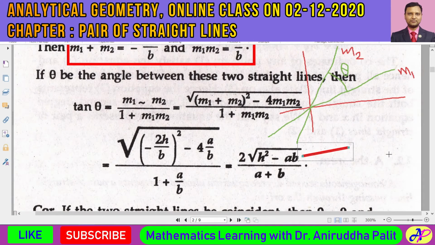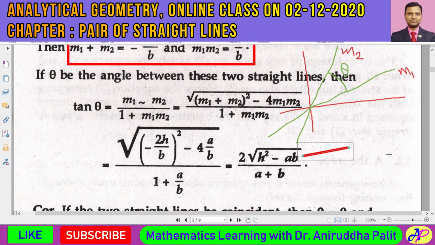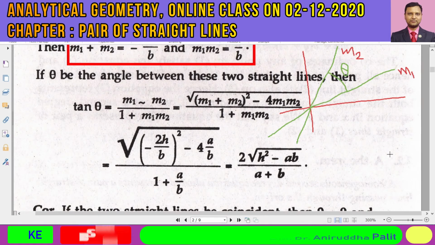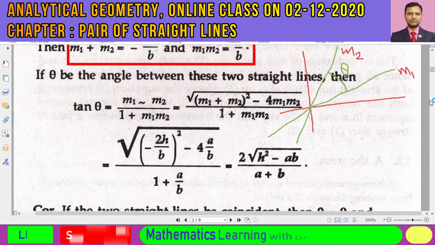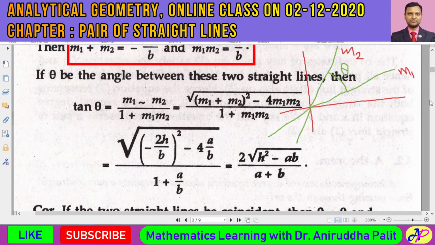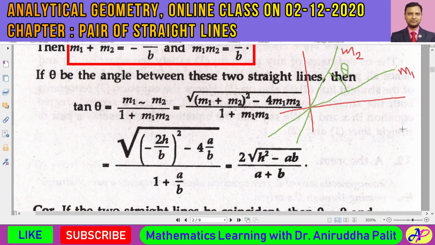And one more result that is relevant to this discussion is that sometimes these two straight lines become perpendicular to each other, that is, one straight line makes an angle of 90 degrees with the other straight line. So what would be the condition?